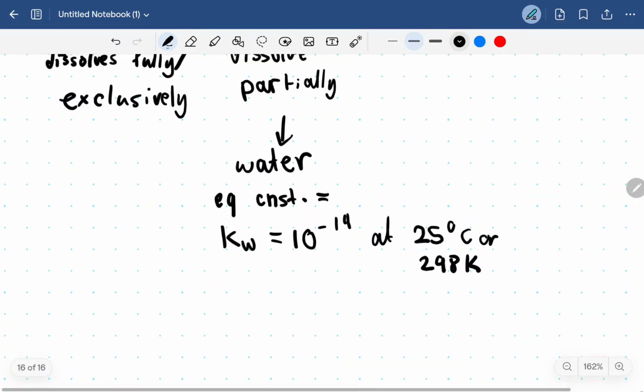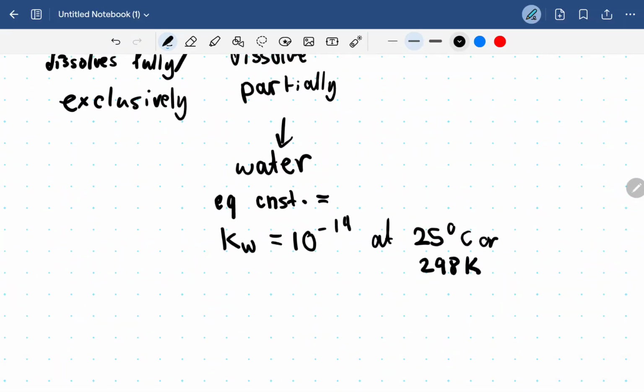So this is the constant for water at this temperature, 25 degrees Celsius or 298 Kelvin.